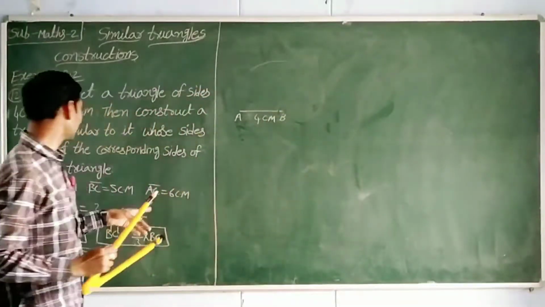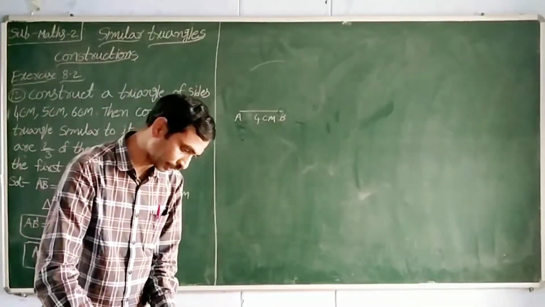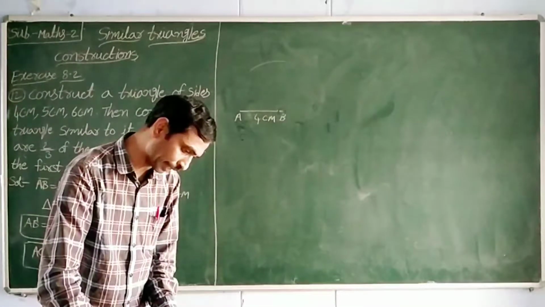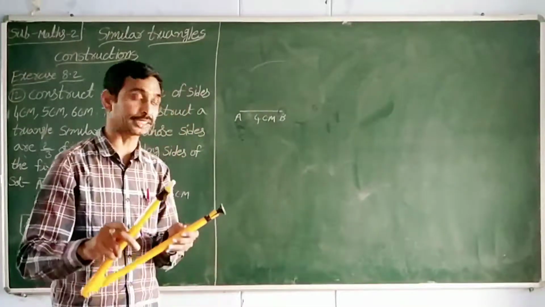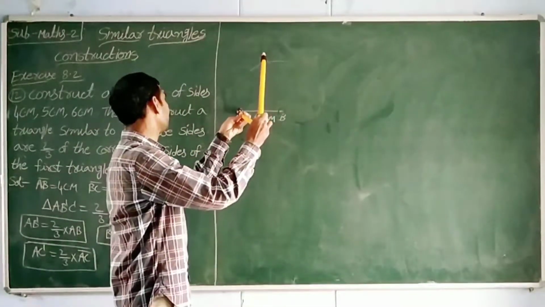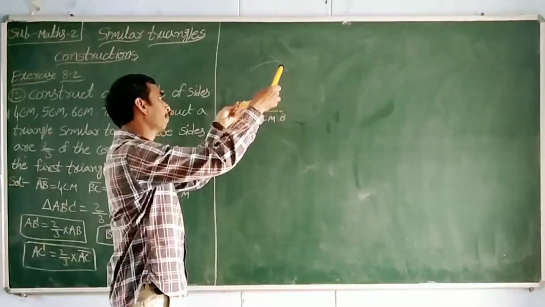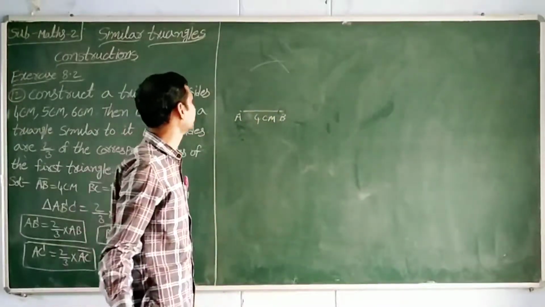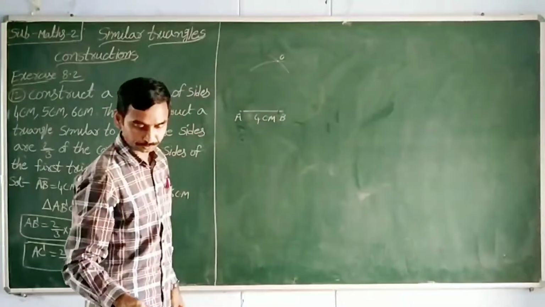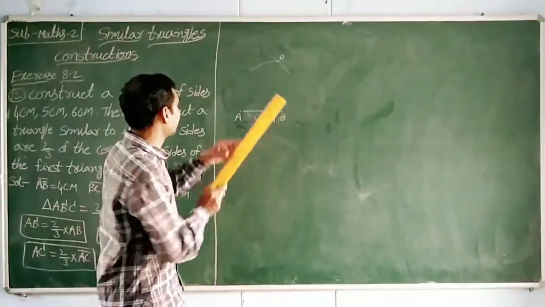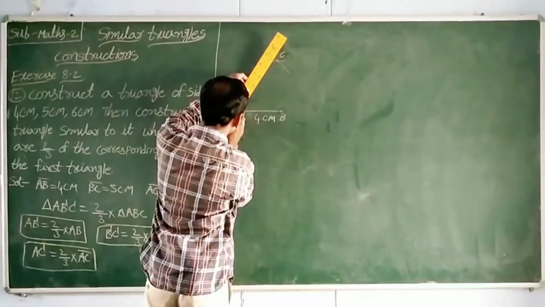After that, AC is equal to 6 centimeters. Using the compass, you take 6 centimeters on the scale. From A, with 6 centimeters, we draw another arc. Both arcs are intersecting at C. Now join AC and BC.